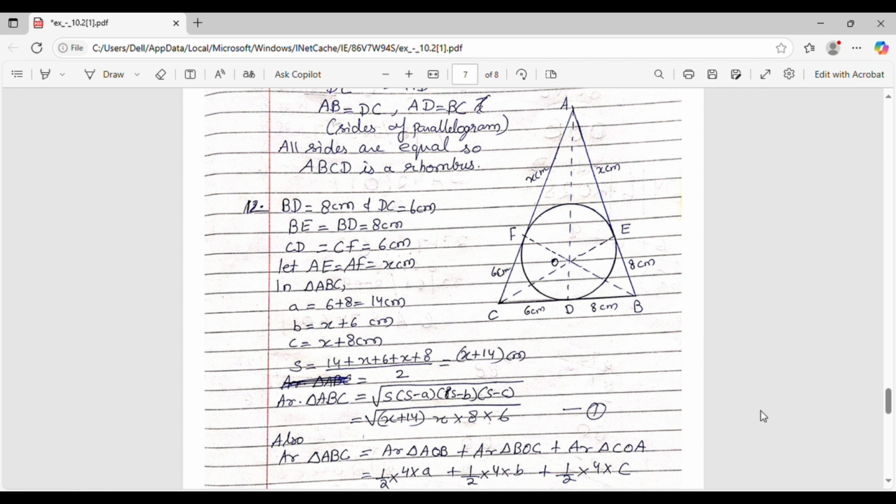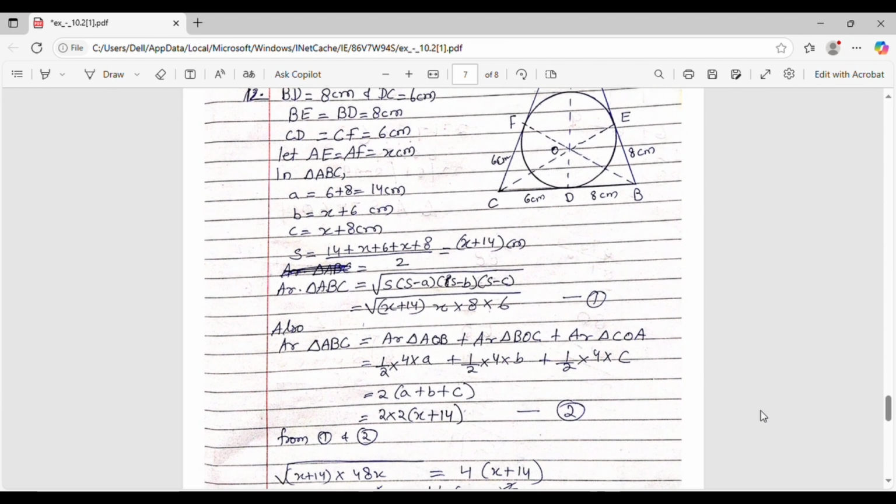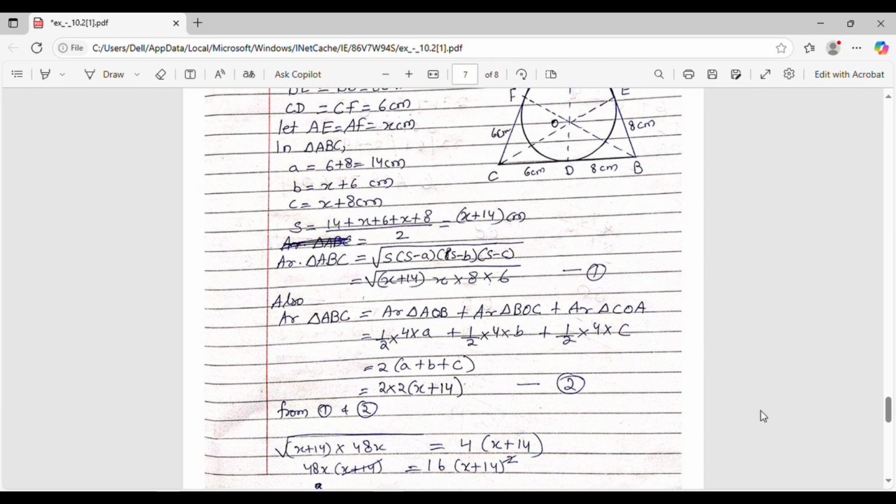Also, the area of triangle ABC can be obtained by adding the areas of triangles AOB, BOC and COA. So by adding these three areas, we will get the area of triangle ABC as twice A plus B plus C, which is the sum of the three sides.